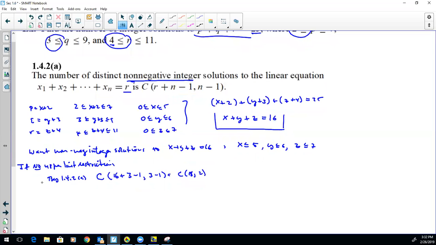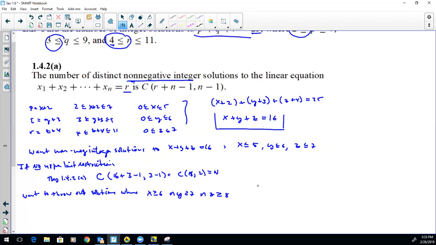So what we're going to do, this is going to be my capital number N, and we're going to throw out solutions where x is greater than or equal to 6, or y is greater than or equal to 7, or z is greater than or equal to 8.